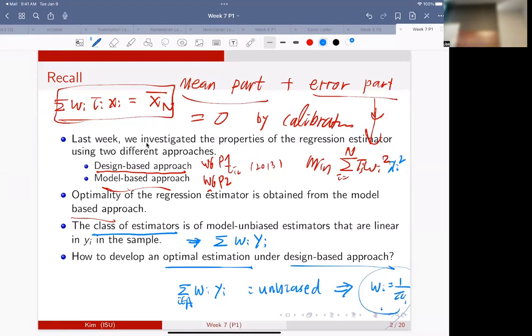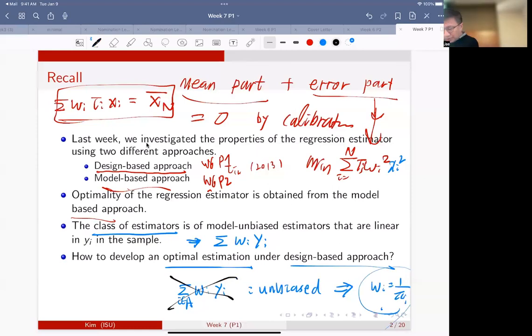If you use this class, we only have a single element in the set. So the optimality does not make sense. How can we consider optimality when you have only one element? So this is not our class in the design-based approach because that's not interesting, right?